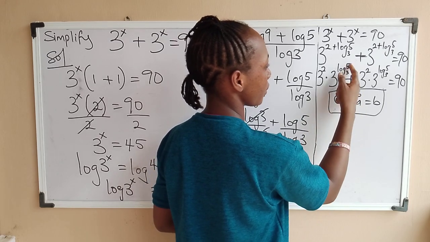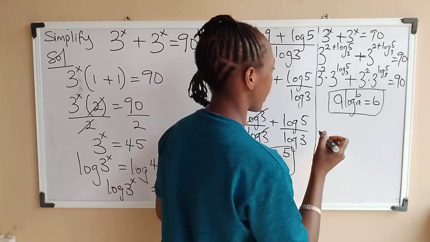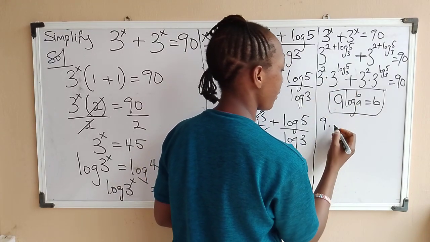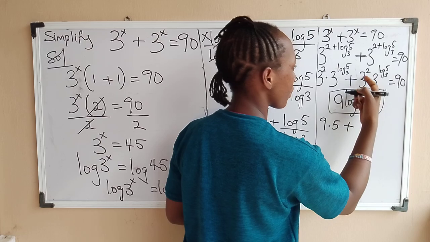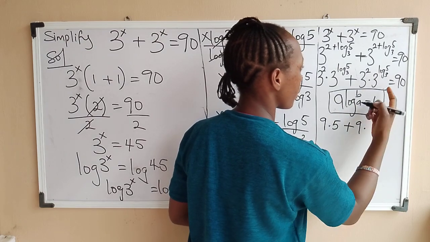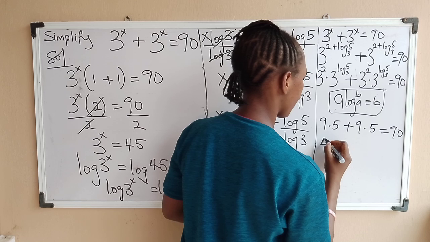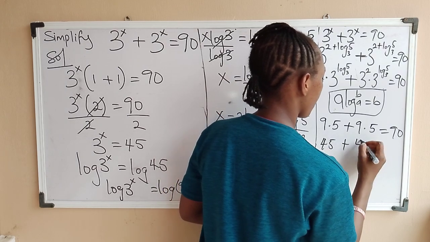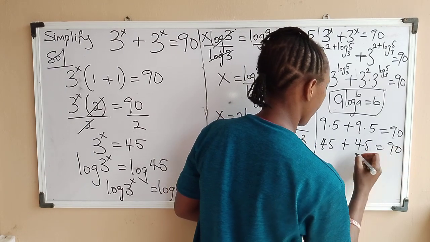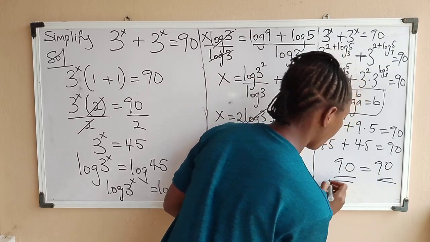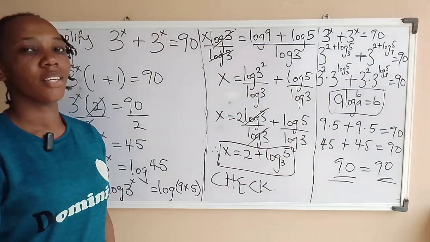So our final answer will be 5 here, just like that. So 3 to the power of 2 will give us 9. 9 times 5, plus 9 times 5 again, equals 90. So this will give us 45 plus 45 equal to 90. So we have 90 equal to 90. This proves that what we did is correct.